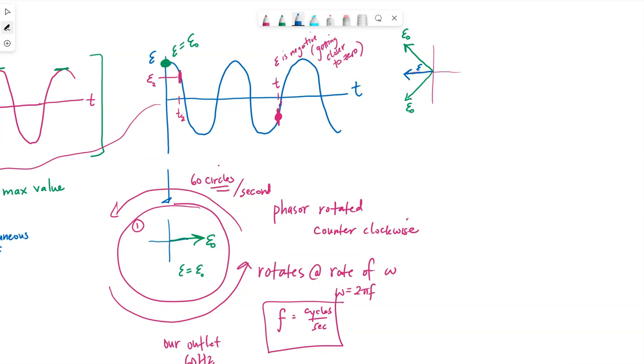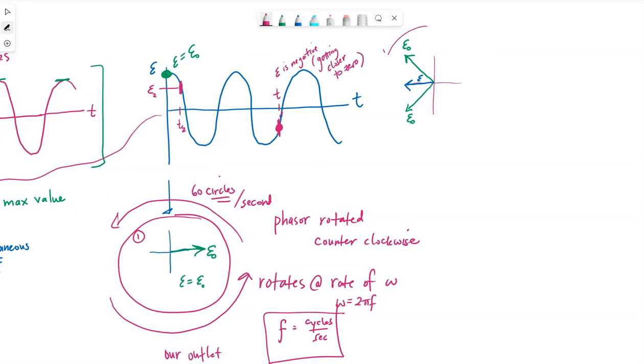Now, to decide which one of these is correct, we need to think about how these phasors rotate counterclockwise. If we were to look even just 1 millisecond later, our phasors will have shifted. This one will have shifted closer to the negative x-axis. The bottom one will have shifted a little bit closer to the negative y-axis.